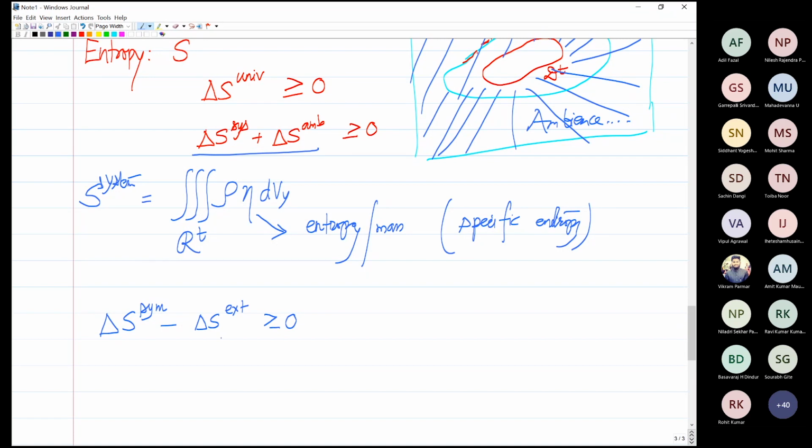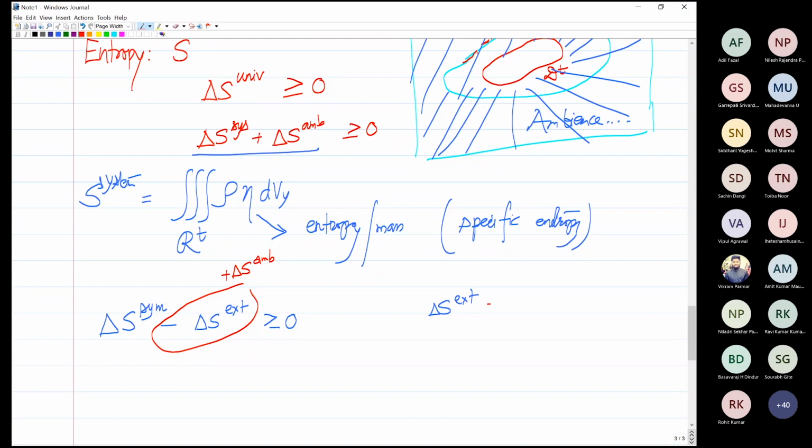Now we have to quantify this delta S external. This is entropy supplied to the system, and it is equal to minus delta S ambience, or rather plus delta S ambience, because it's the ambience who is supplying. Whatever ambience supplies to the system, the ambience itself will get a minus sign, right?